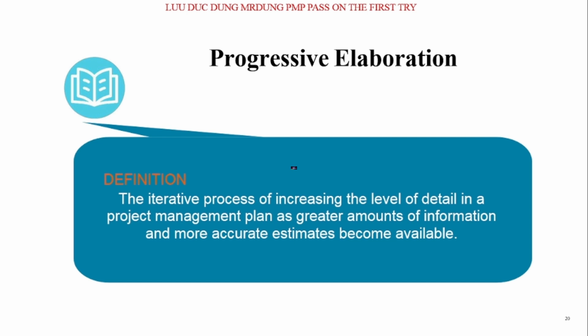Next is progressive elaboration, or another word is iterative. This is the definition: the iterative process of increasing the level of detail in a project management plan as a greater amount of information and more accurate estimates become available.